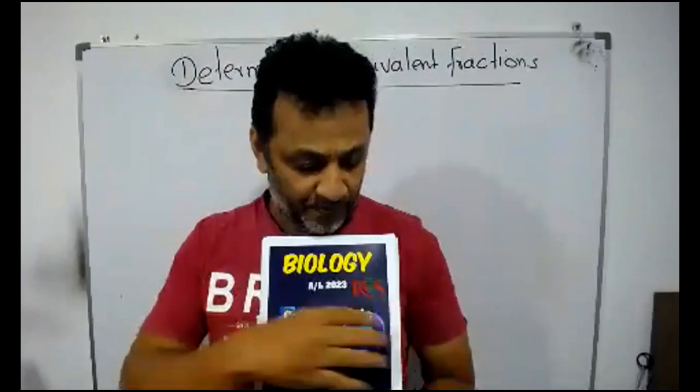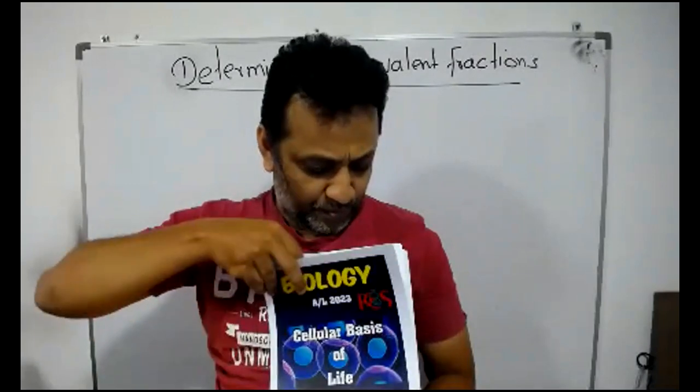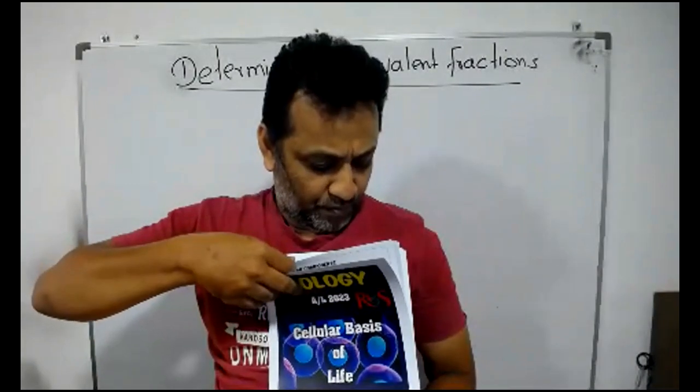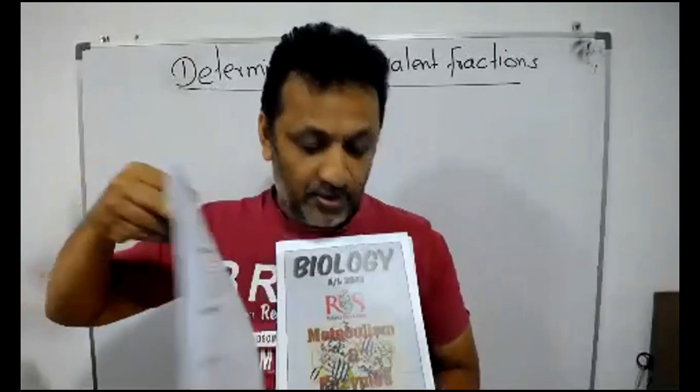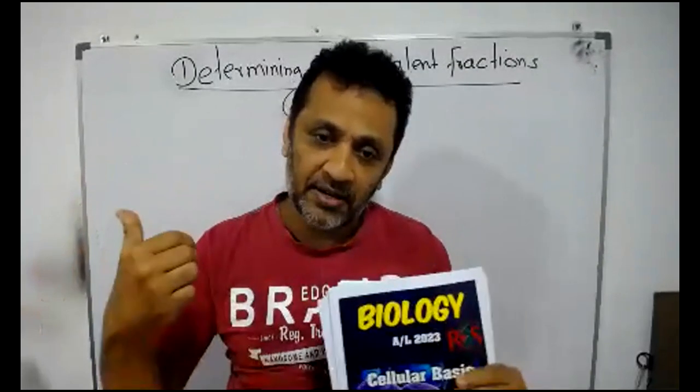Understood, Farah? There are 3 tubes here, ma. I'm sending you 3 tubes. This is one tube. This is your second tube, cellular basis of cell division. This is the metabolism and enzymes tube. Each of them, place 5 papers and staple it. Okay. Assalamu alaikum.